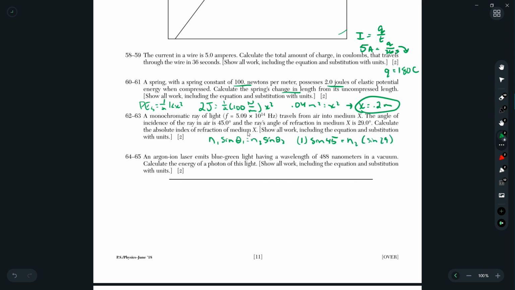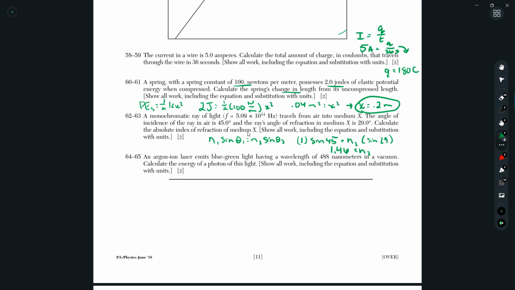And then math tells me I need to actually do some sine 45 divided by sine 29, which is 1.46. There are no units on that because the index of refraction is just a number.